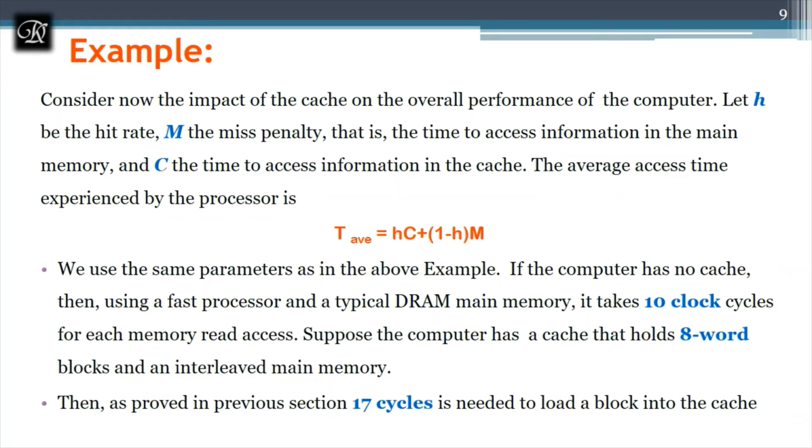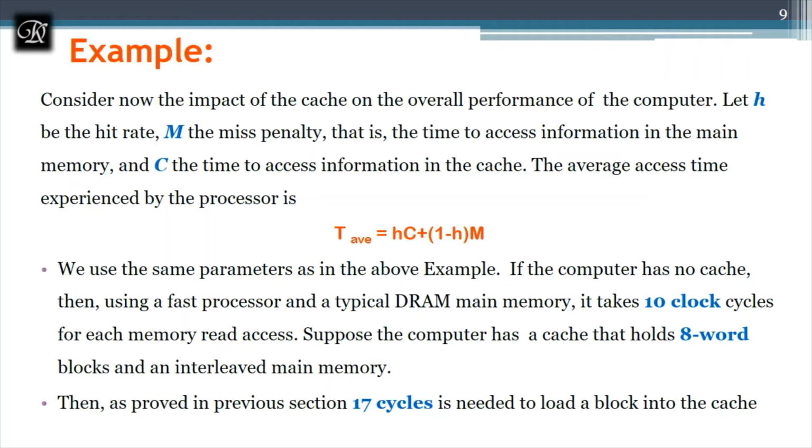Let's see an example. This can be done with multiple levels of cache. We can have a single cache at the processor. Nowadays processors have L1, L2, L3 caches. So let's see one example where a processor has only one level of cache and how the performance will be improved.